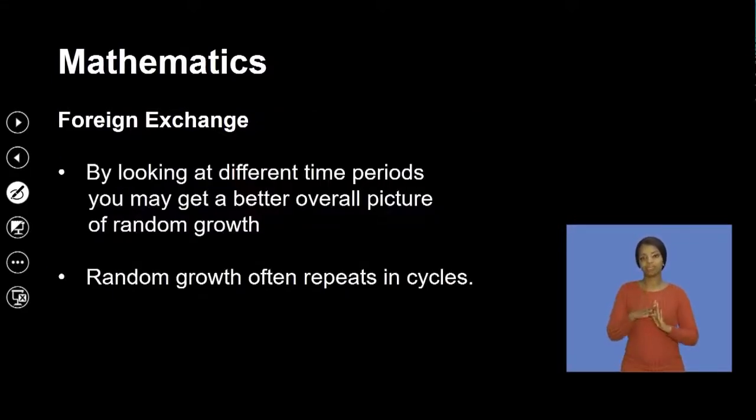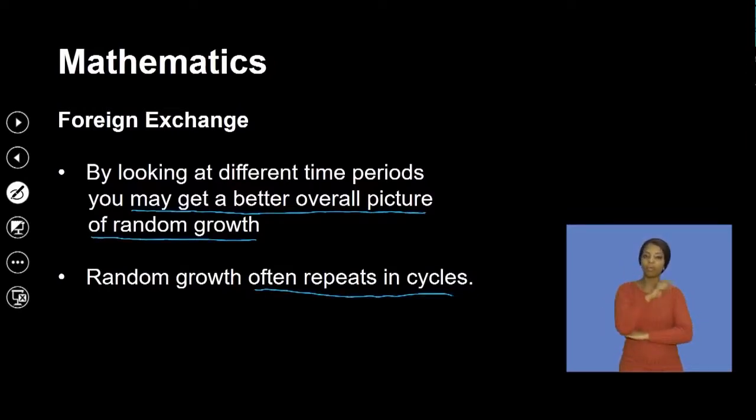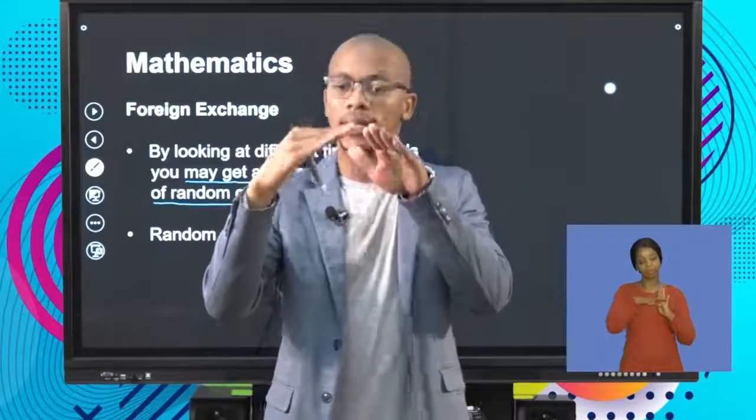Now, when we look at different time periods, you can get a better overall picture of random growth. But this random growth normally repeats in cycles. So you saw that with a 20-year trend, there was more of a linear trend, and then it became an exponential trend, and then a parabolic trend.